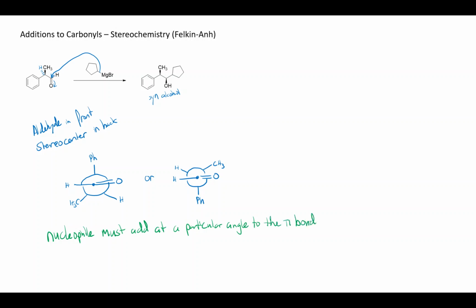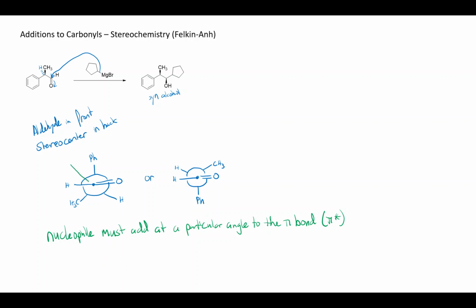From molecular orbital theory, we know that it's adding into the anti-bonding pi orbital, because we're breaking the pi bond. When the nucleophile comes in, we're breaking the CO pi bond. So we're adding in at a particular angle to the pi bond, and that angle is the angle of the pi star orbital. And so there's only two trajectories that it can take.